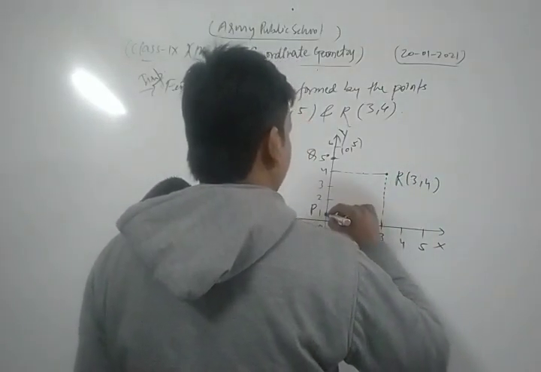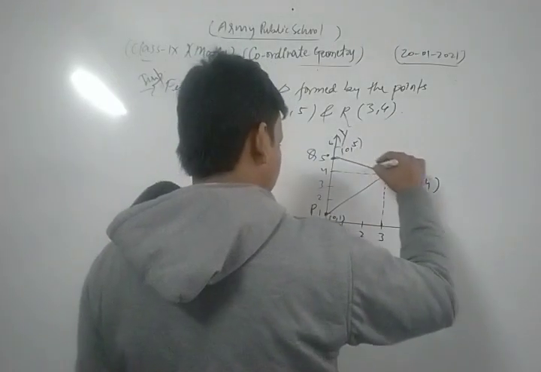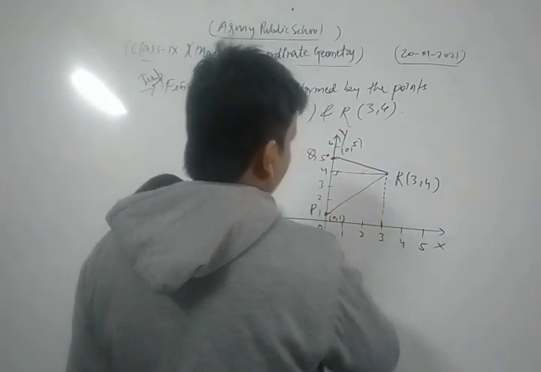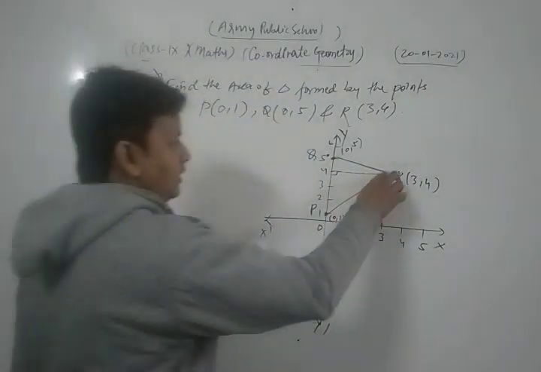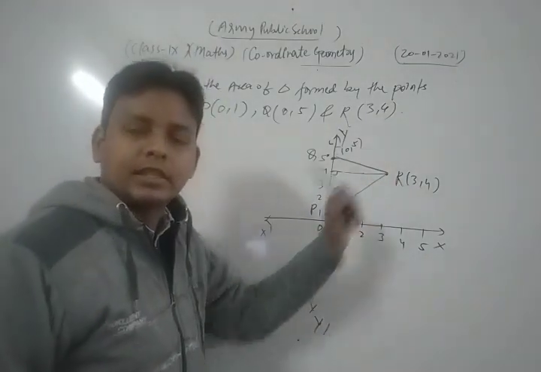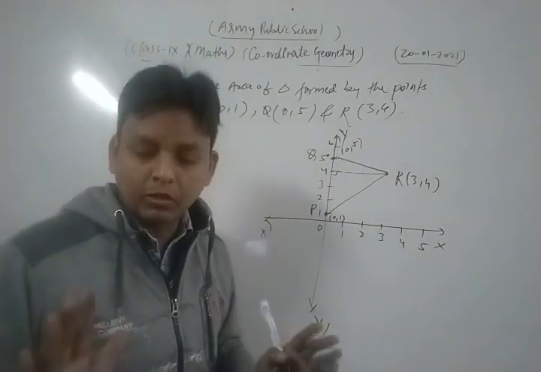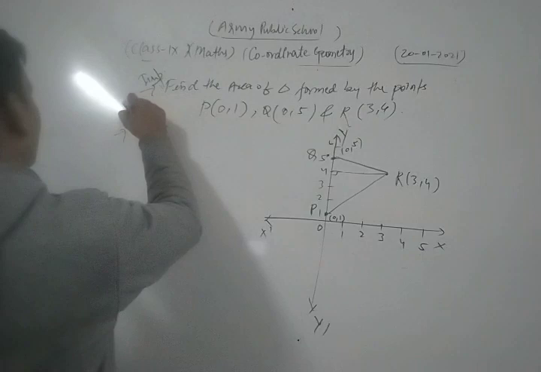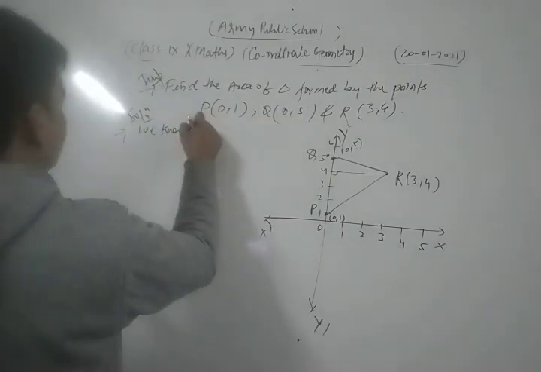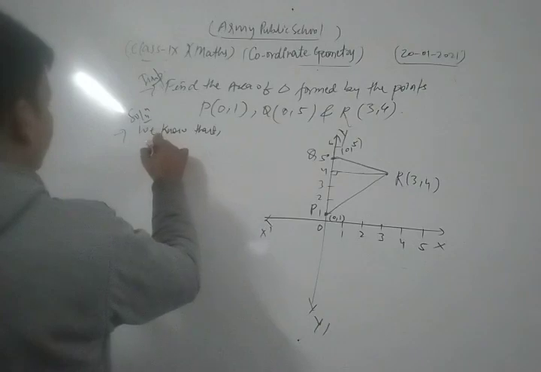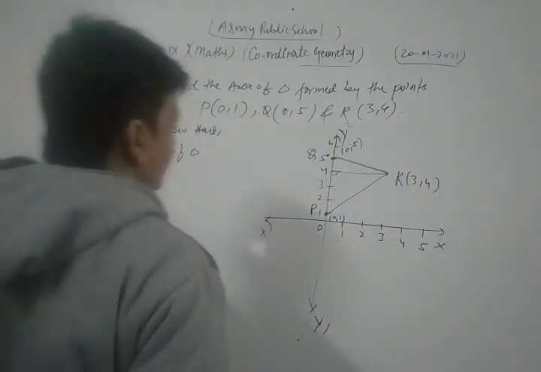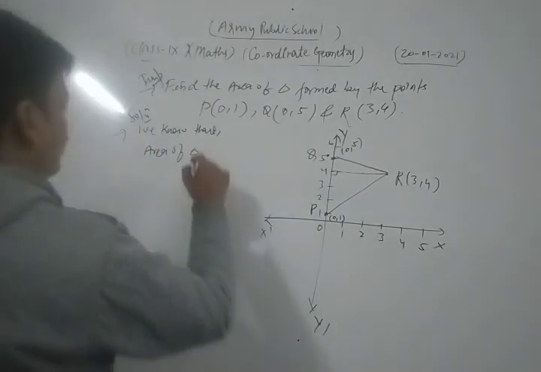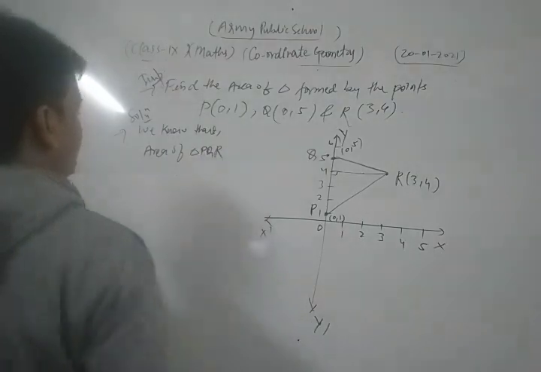Now we join all these points P, Q, R in this way. Let's see the figure. This is a triangle, and you know the basic formula for the area of a triangle.